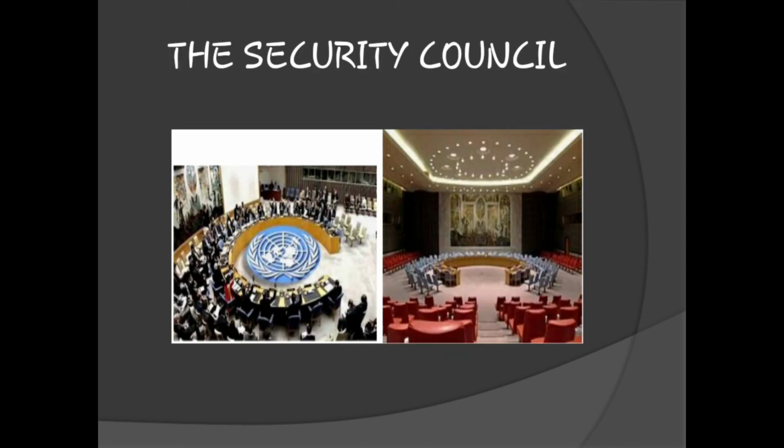The next important organ is the Security Council. As you can see in the picture, this council is a working council, in the sense it's an executive organ of the United Nations. That means its primary responsibility is to maintain international peace and security, and this council comprises 15 members.